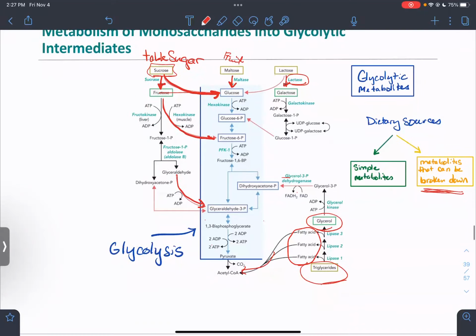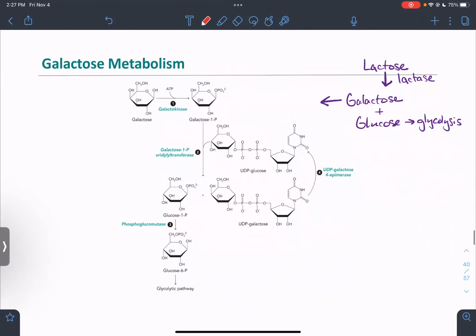All right, so let's take a quick look at the galactose metabolism pathway. Remember, our lactose is composed of galactose and glucose. The glucose goes straight into glycolysis, but galactose cannot. There are 4 different steps that have to happen for galactose to enter the glycolytic pathway. First, an enzyme phosphorylates it, so we go from galactose to galactose 1-phosphate.